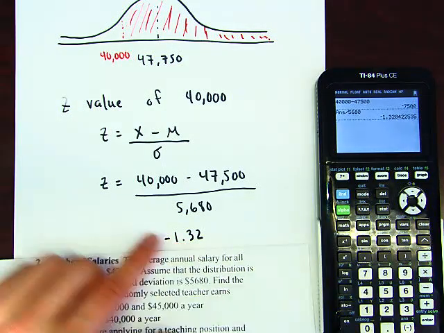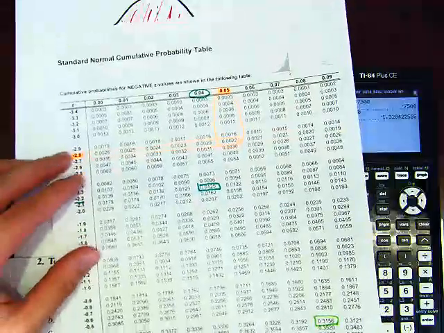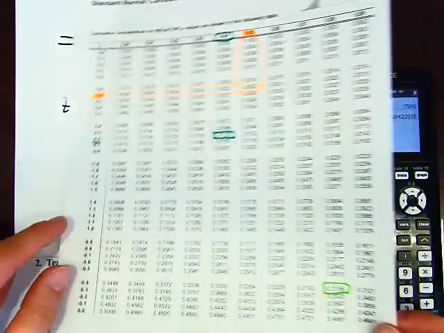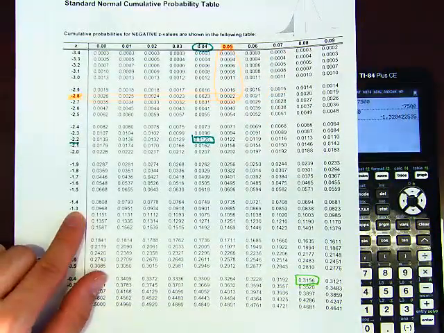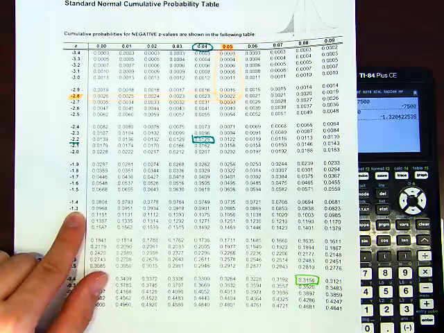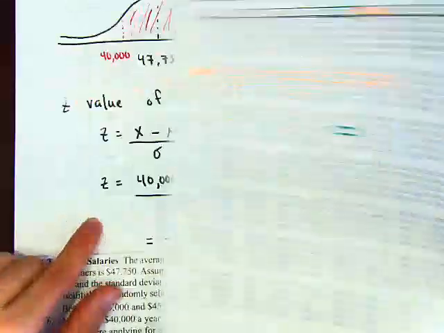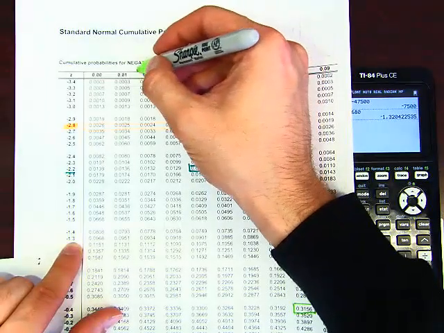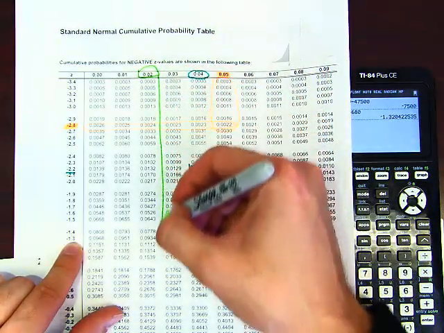So now here, let's go back to our z-table over here. And where is negative 1.32? So negative 1.3 is over here, and this is 0.02.